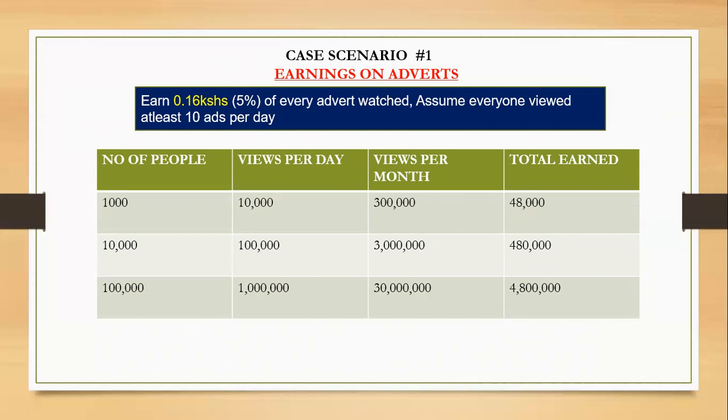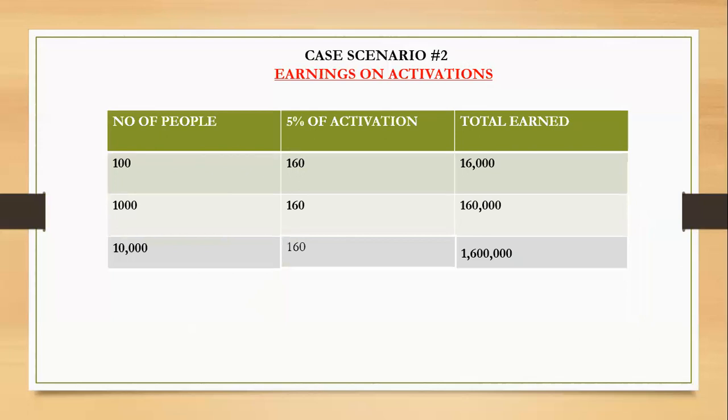Then when you have 10,000 people, using the same formula, you're able to collect up to 480,000 Kenya shillings from the region monthly. And if you have 100,000 people, applying the same, you're able to collect up to 4.8 million Kenya shillings just from adverts. Let's look at another item.